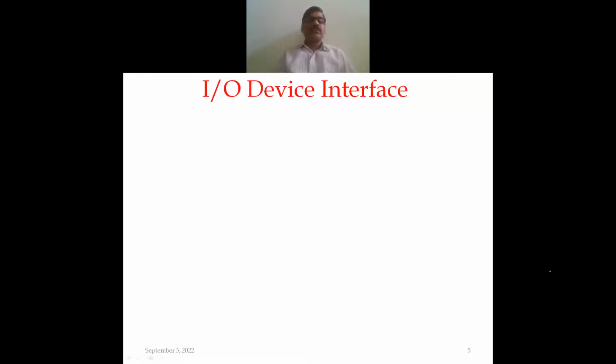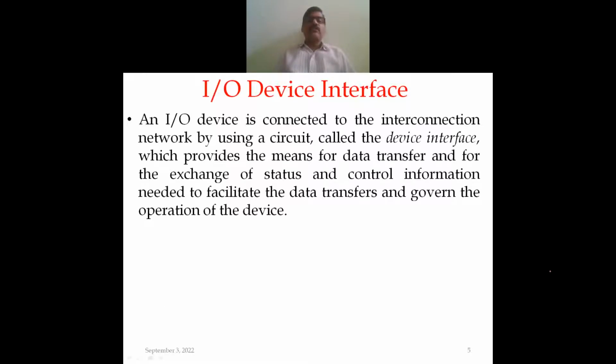Then the IO device interface. An IO device is connected to the interconnection network by using a circuit which we call a device interface.